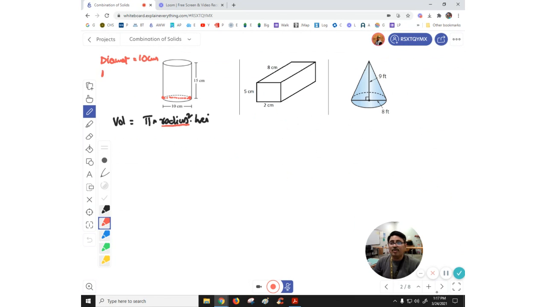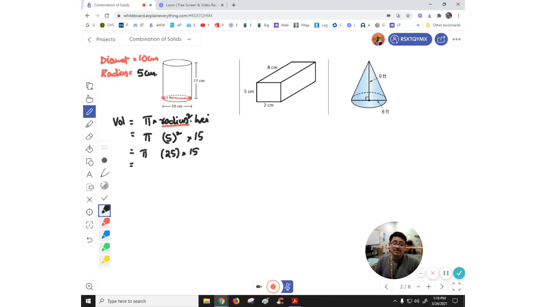Radius is half of the diameter, so radius is half of 10, that gives me 5 centimeters. So pi times radius 5 square times the height, you can see that it is marked as 15. So pi times 5 square gives me 25 times 15.